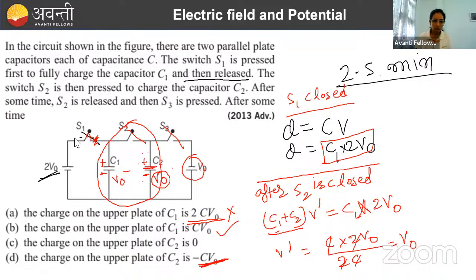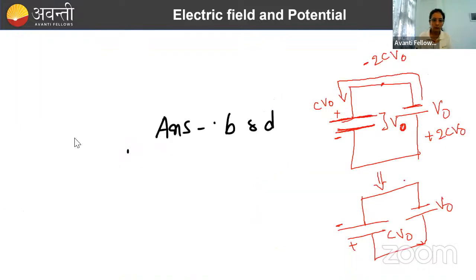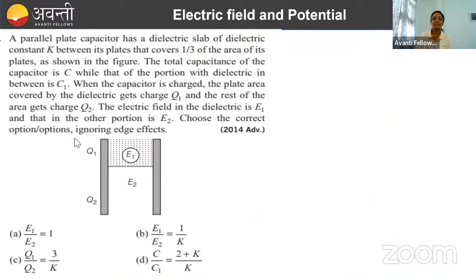Done. So what is the question next? Next is this question. Again, this is a very easy question. You need to read it very carefully to solve it. So read the question carefully. Take 2.5 minutes, or I'm giving you 3 minutes of time. Okay, so take 3 minutes and solve it.